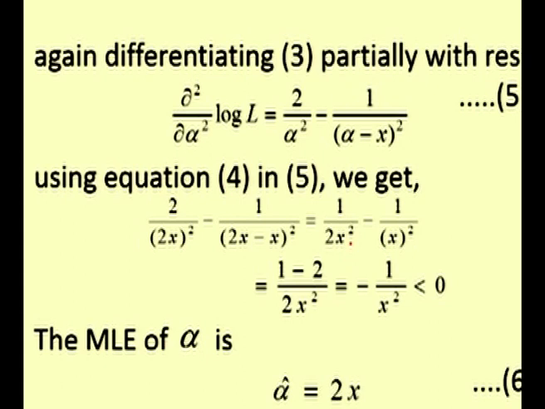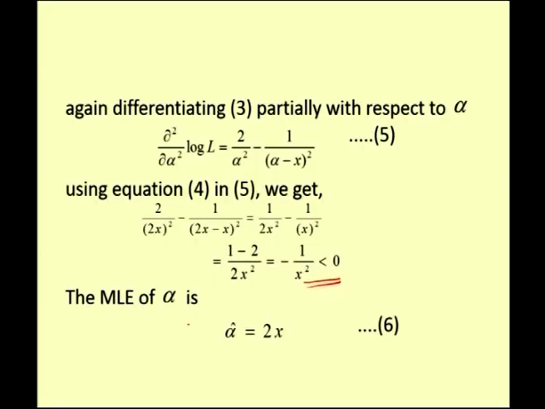Here 2x minus x is x, therefore you will have x squared. Taking the LCM as 2x squared, the numerator becomes 1 minus 2, which is minus 1 by x squared, which is negative. Therefore on substituting alpha equal to 2x, you find the second derivative becomes negative. Therefore my MLE of alpha, that is alpha cap, is equal to 2x.